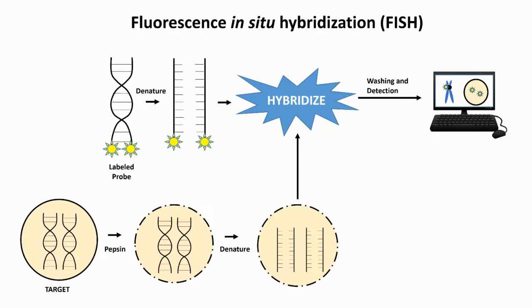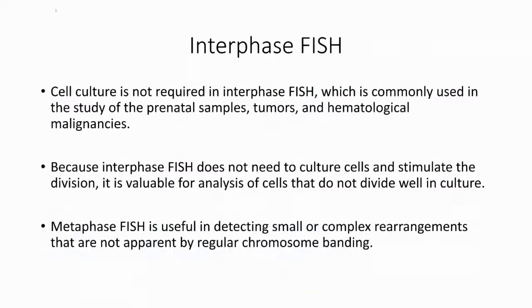Then the target DNA in the cell is fixed and denatured on the slide surface. Then you can add a probe to find the complementary sequence, so that you can identify the presence and location of that specific DNA.